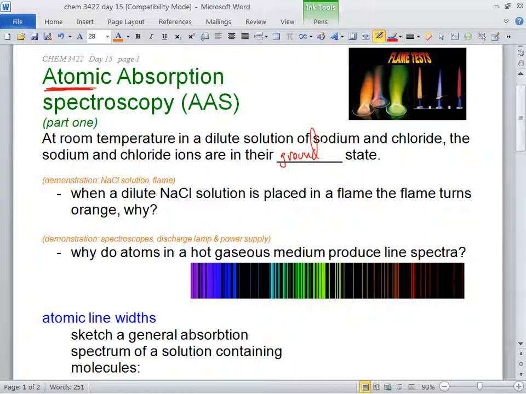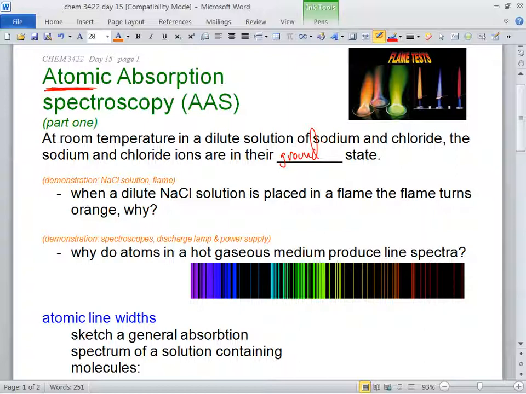Okay. We'll talk about flames coming up here, but the idea is there's a little loop on the end of the wire, right? You dip it in the solution, and you just put it in the flame, and it's orange. Now, why is it orange? So the sodium atoms, right?